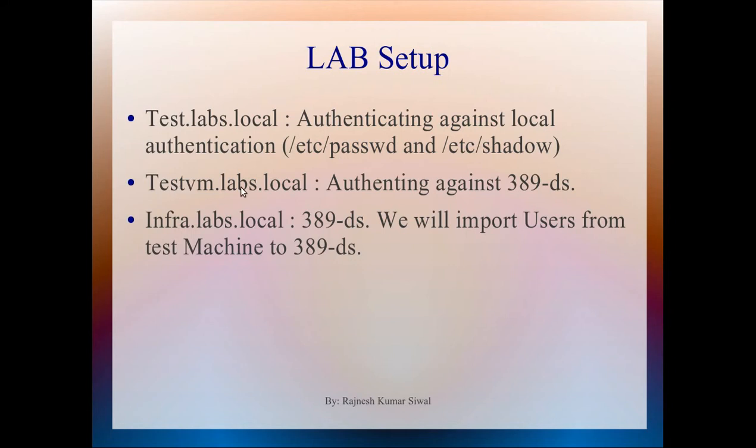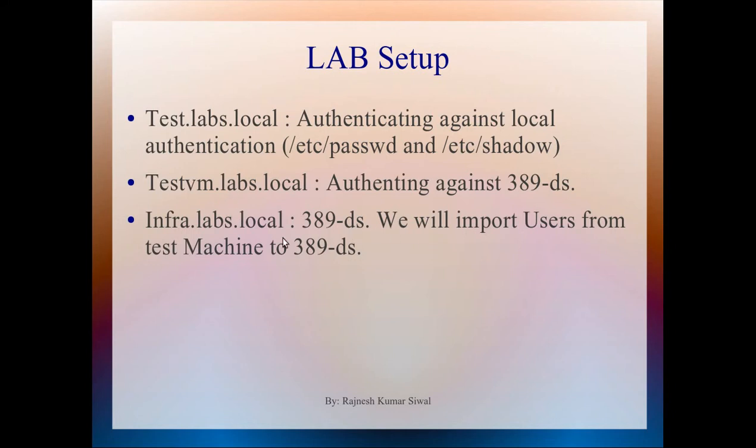Test VM is the test machine which is already authenticating against the directory server. So as soon as these users are imported into the directory server, they will automatically be able to log in to the test VM, because it is already authenticating against the 389 directory server.